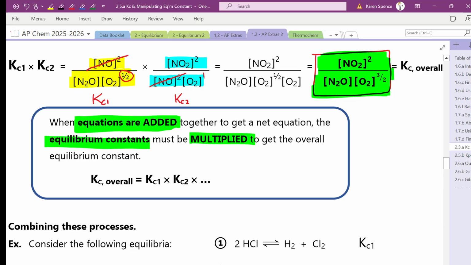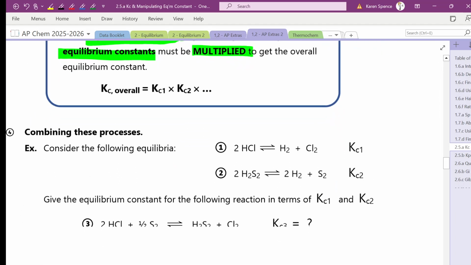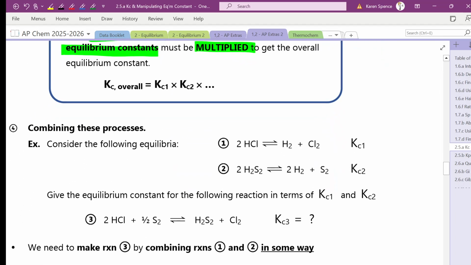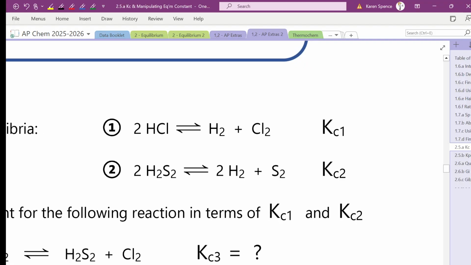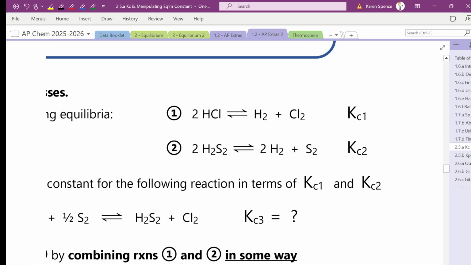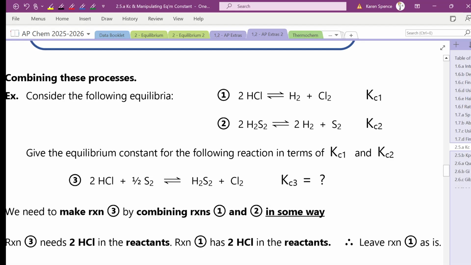And let's look at a super fun example where we combine some of these. So exciting. So let's consider these two equilibria here. We have Kc1 and Kc2. And we get a new reaction here.